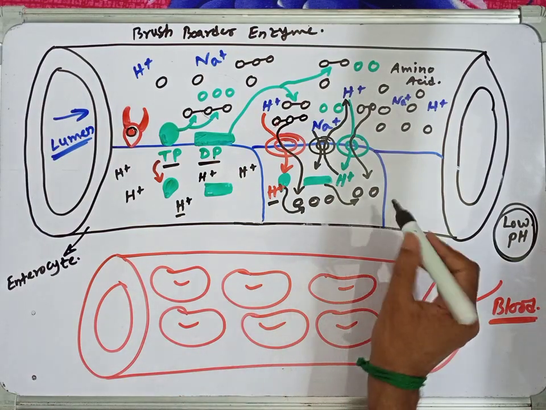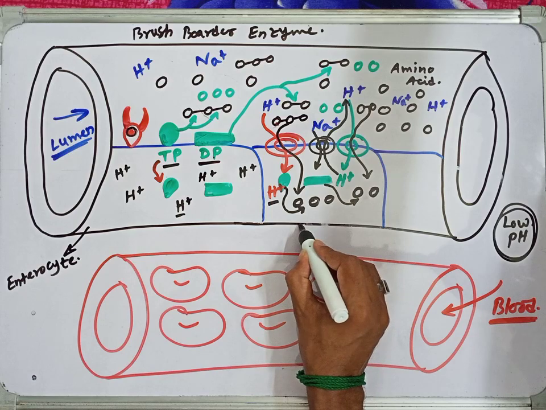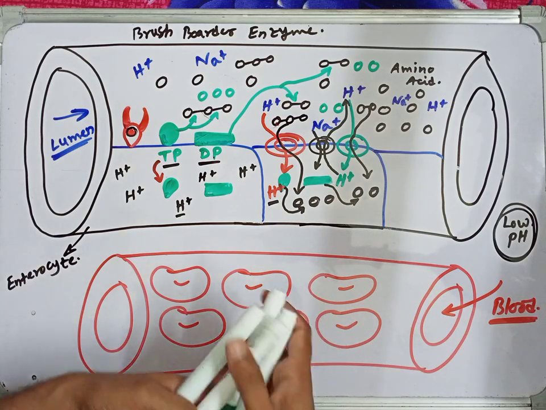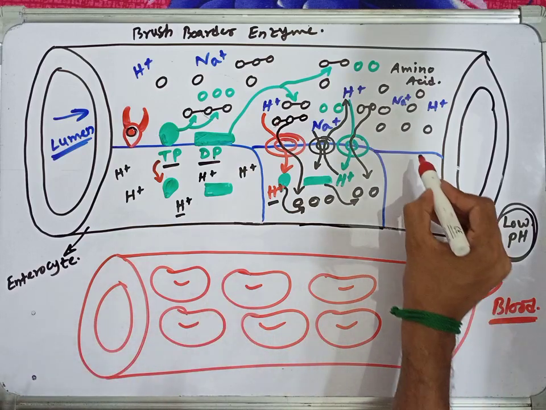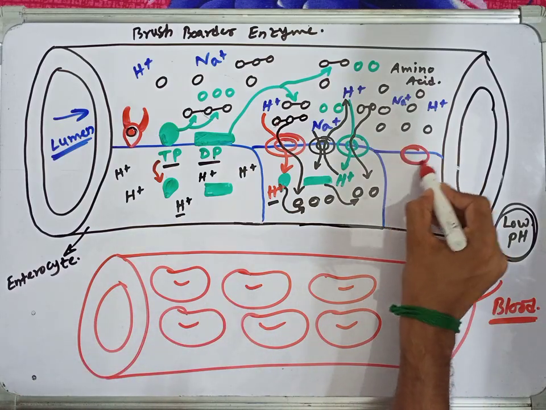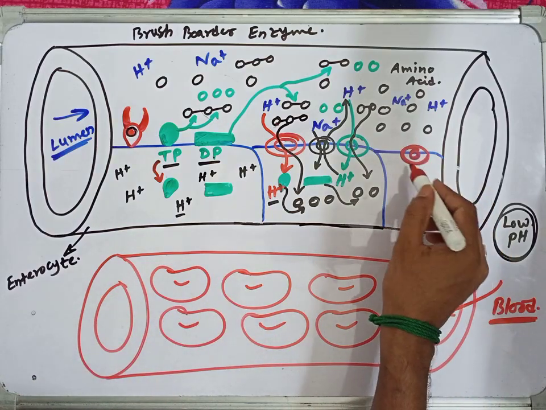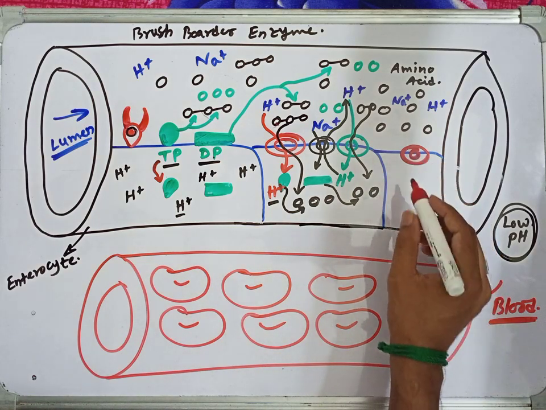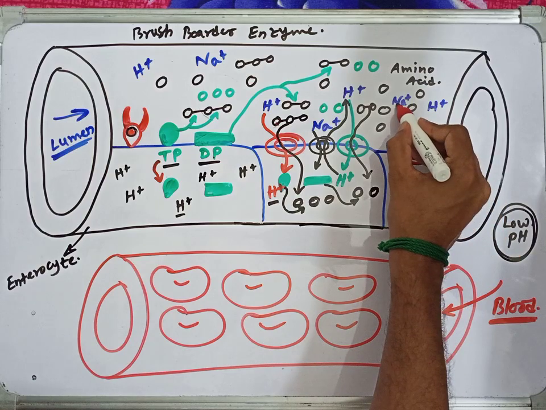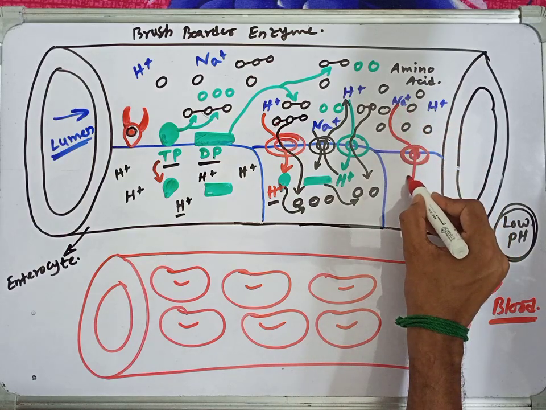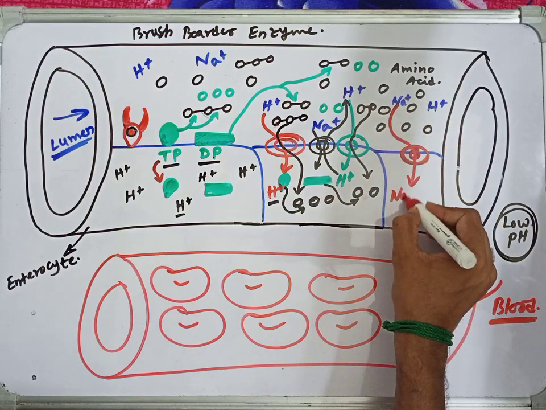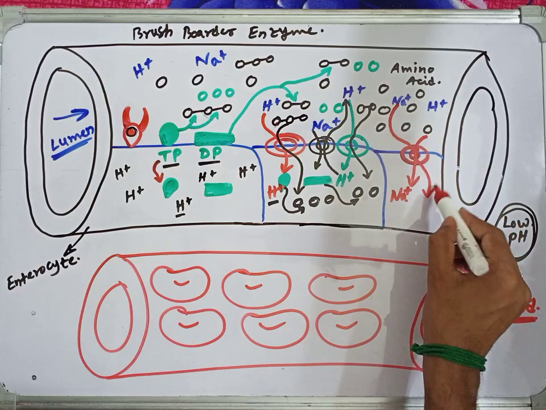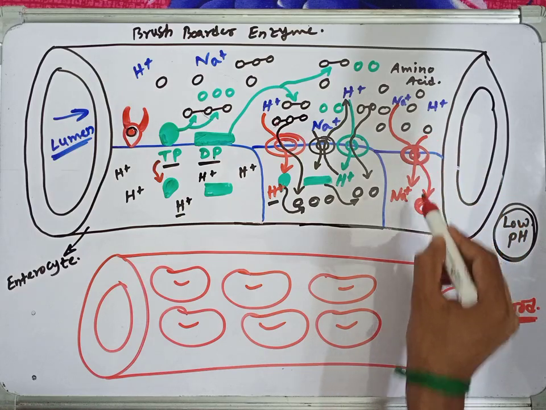And now your amino acid is inside the enterocyte cell as well, right? And there is another absorption mechanism, that you consider is also a transporter of amino acid. This transporter transports one sodium in and directly amino acid inside the enterocyte cell.